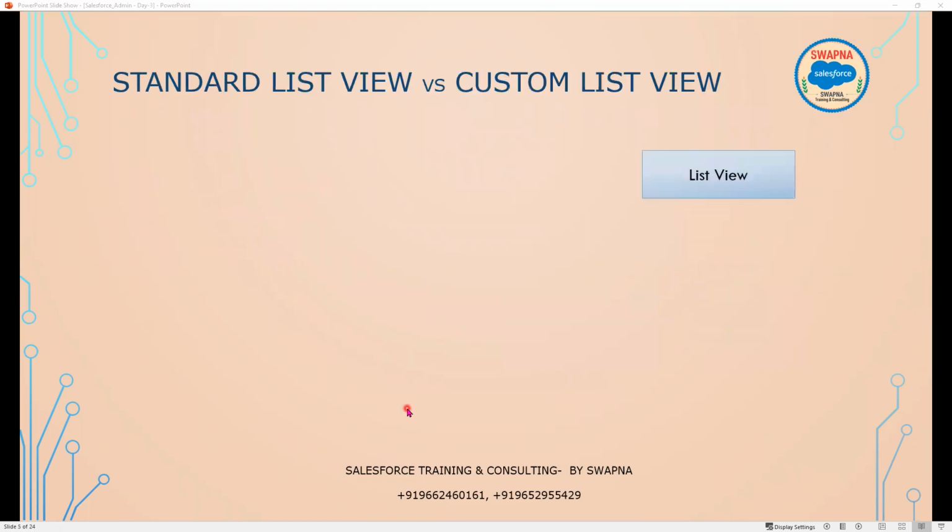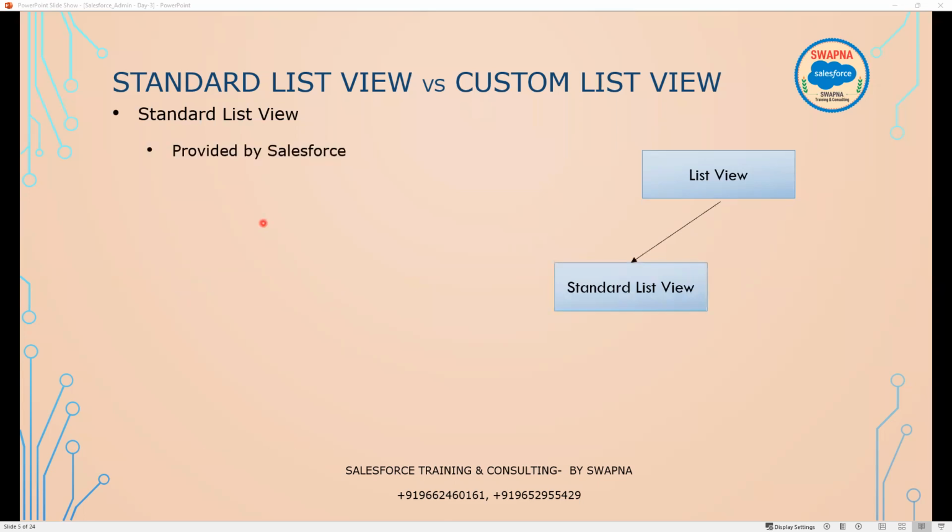Now let's see what the differences are between the standard list view versus the custom list view. A standard list view is nothing but what is provided by Salesforce, like all open leads, recently viewed, my contacts, my leads, whatever is there.